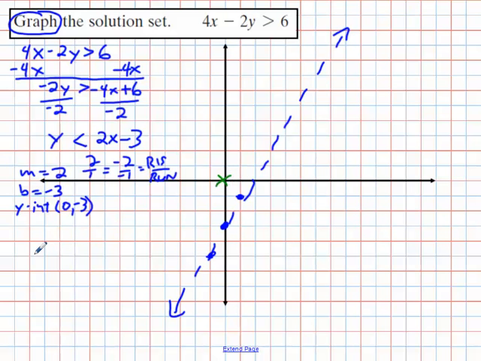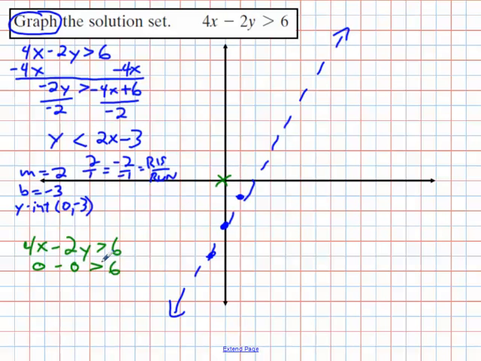We use 0, 0, and we start with our original inequality, 4x minus 2y greater than 6. Using test point 0, 0, 0 in the x, 0 in the y, we see if this makes a true statement. If it does, we shade this side. If it doesn't make a true statement, we shade the other side. So 4 times x, x is 0, so that's 0, minus 2 times y, y is 0, so 0, because we're using our test point of 0, 0.